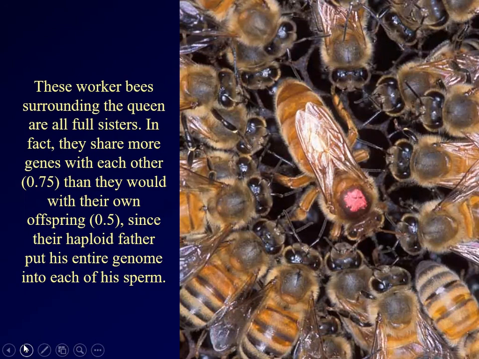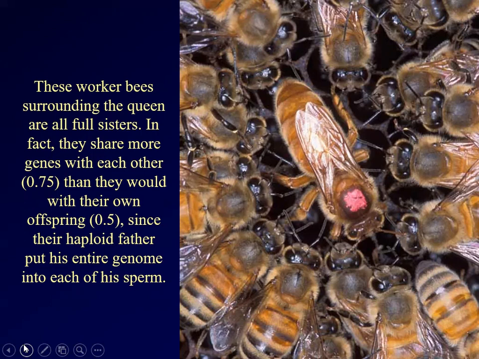And here's the thing about haplodiploidy. It sets up something odd. Assume for the moment that that queen has only mated with 1 drone. Well, all of the workers got half their DNA from mom and half their DNA from dad, right? Yes?